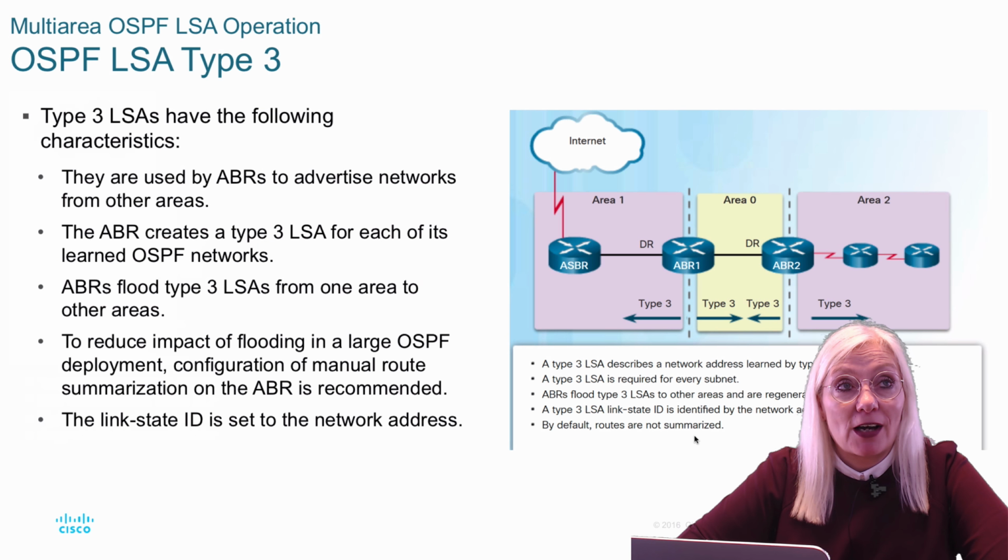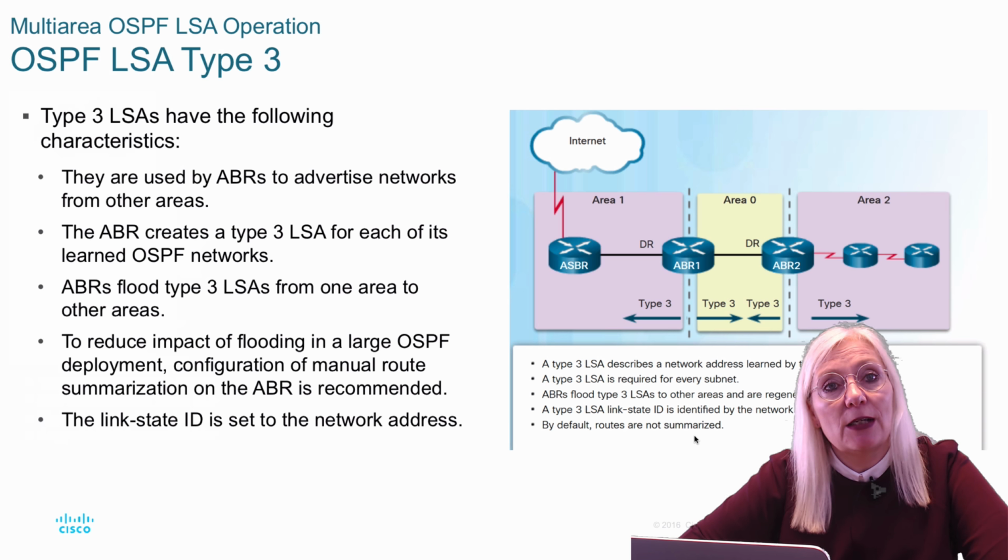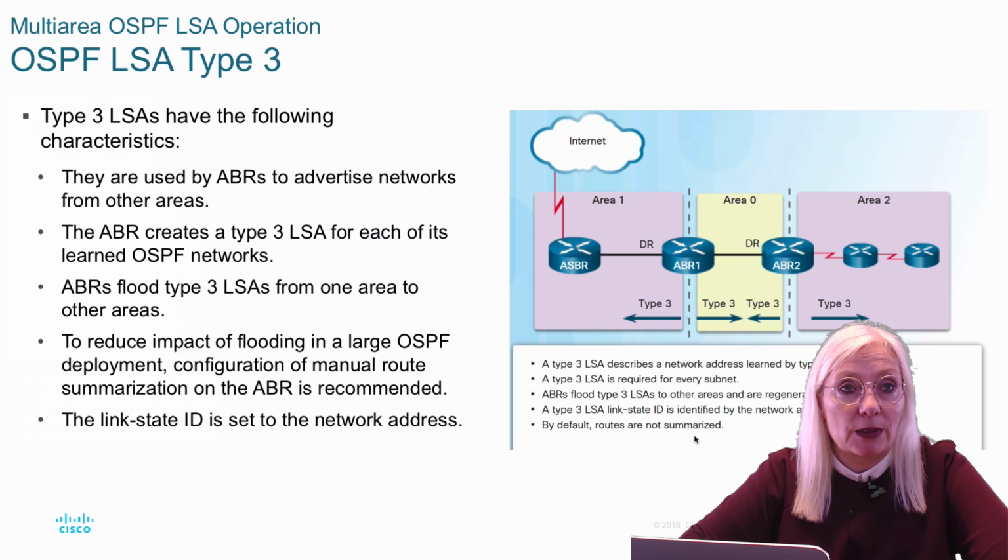Then we have the type 3 LSAs, and they describe a network address learned by a type 1 LSA. A type 3 LSA is required for every subnet. ABRs flood type 3 LSAs to other areas and they are regenerated by the other ABRs.